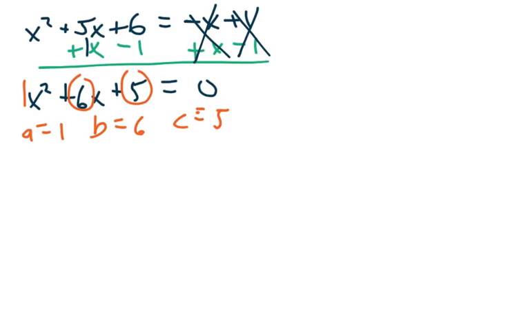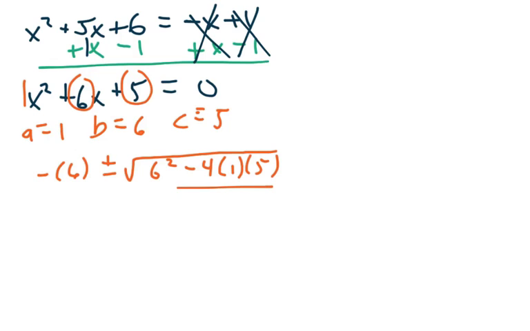Okay, so you should have the quadratic formula memorized. I'm just going to say it out loud. We're going to take the negative of the b plus or minus square root. We're going to take the b and square it. Minus 4 times the a times the c. Be careful with any negatives in there. All over 2 times the a.